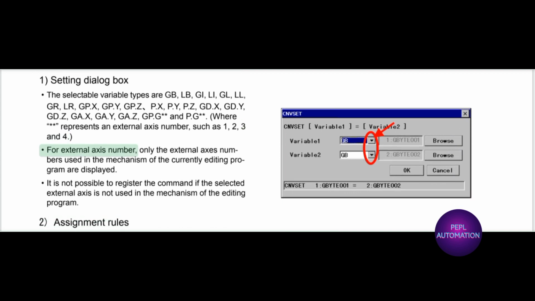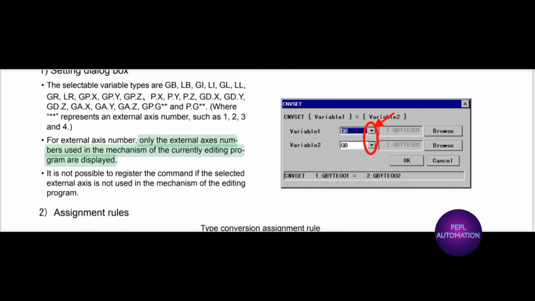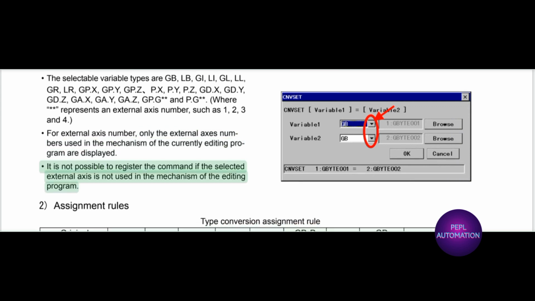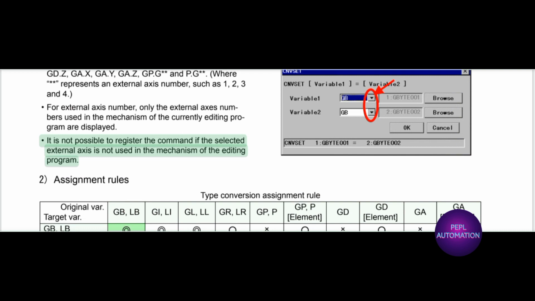For the external axis number, only the external axis numbers used in the mechanism of the currently editing program are displayed. It is not possible to register the command if the selected external axis is not used in the mechanism of the editing program.